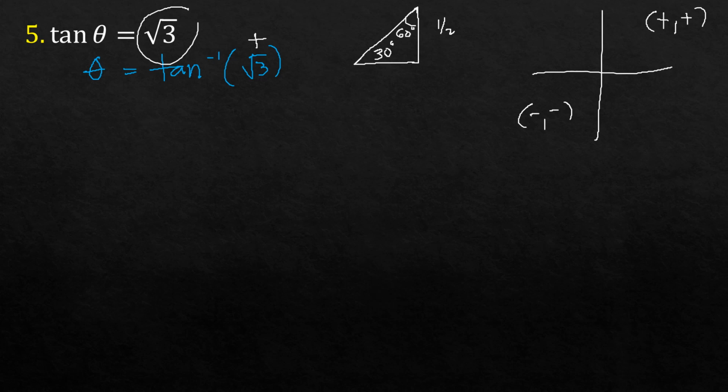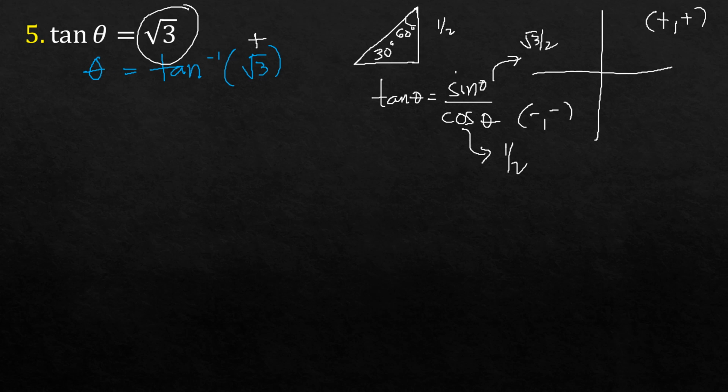Since that is square root of 3, meaning to say tangent is the ratio of sine over cosine. So sine theta must be square root of 3 over 2, and cosine theta must be 1/2, so that we can have square root of 3, because square root of 3 over 2 divided by 1/2 is equal to square root of 3.